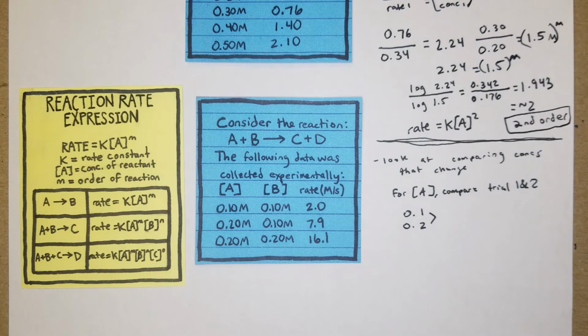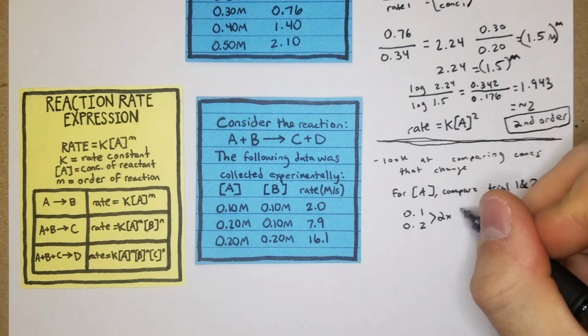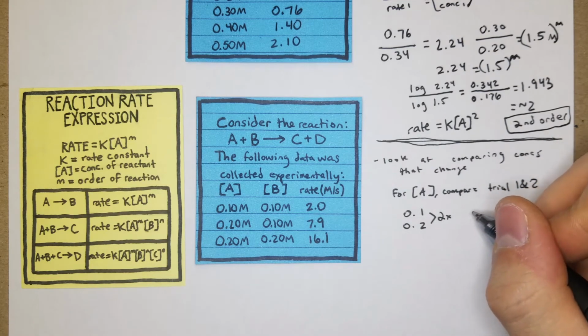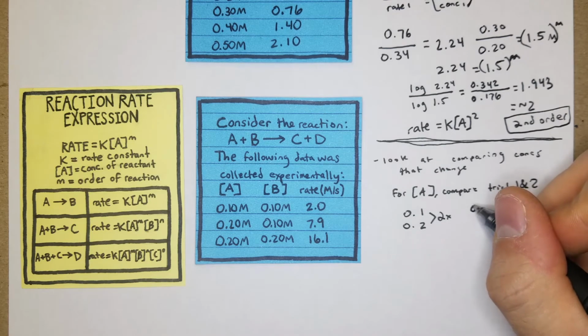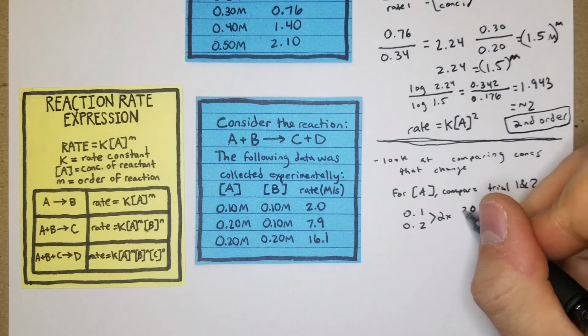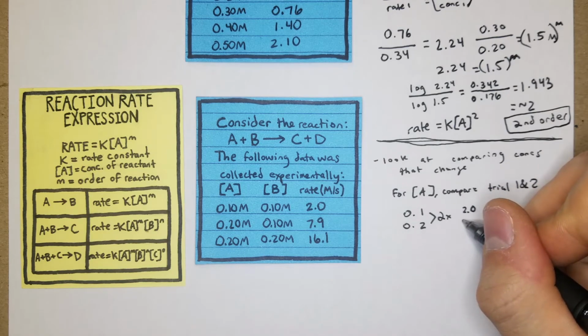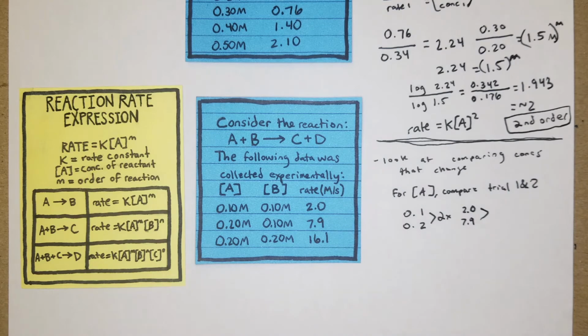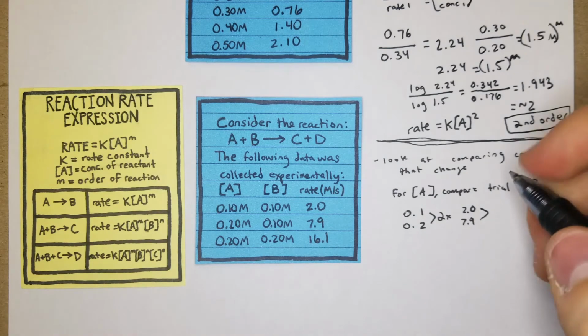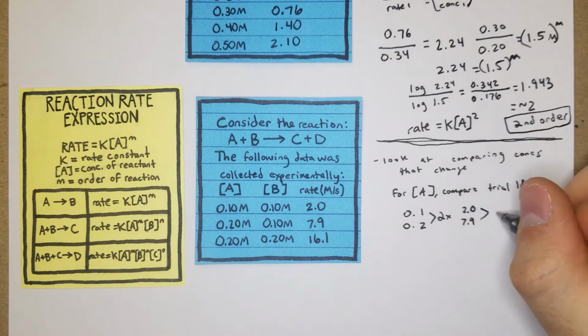So how do you go from 0.1 to 0.2? Multiply by 2. And now we're going to compare the corresponding rates. So we have, what do we have here? 2.0 compared to 7.9. How do you go from 2 to 7.9? So we'll say that's about 8. That is going to be times 4.